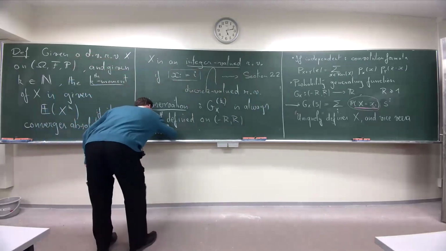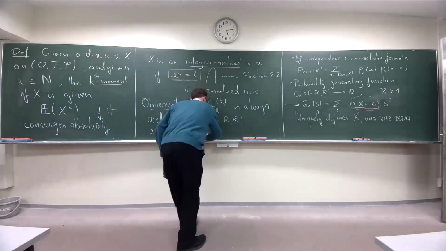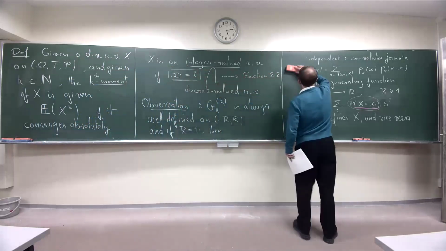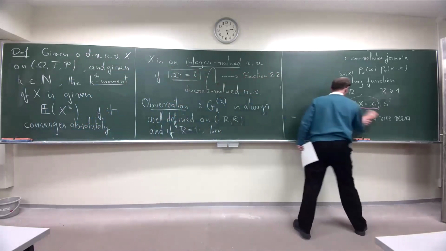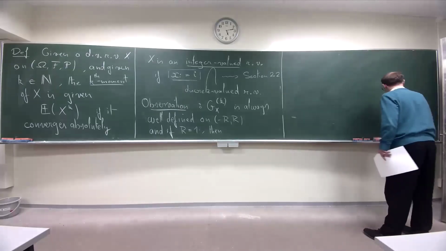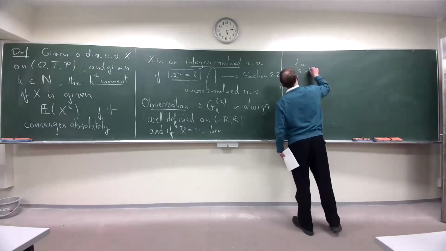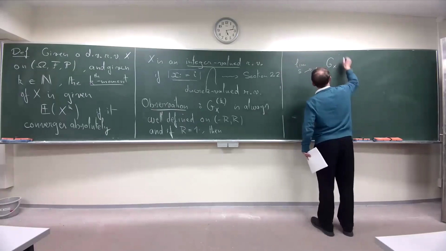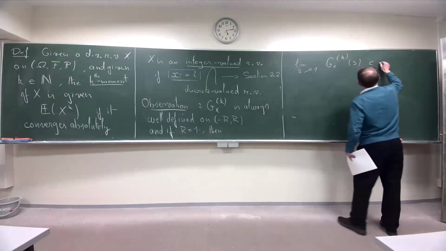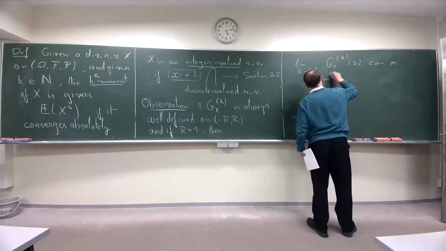And if R is 1, then the question is, can I consider the limit as s going to 1? Then the limit as s going to 1 of this k-th derivative of the function can exist, or it depends, can not exist.